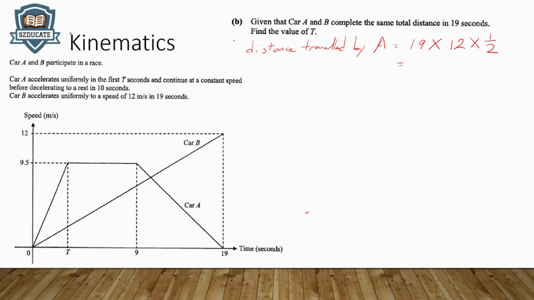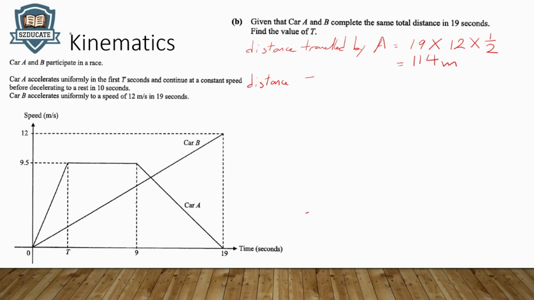That is 19 times 12 times half, which is 19 times 6. 19 times 6 is 114. So this is 114 meters.